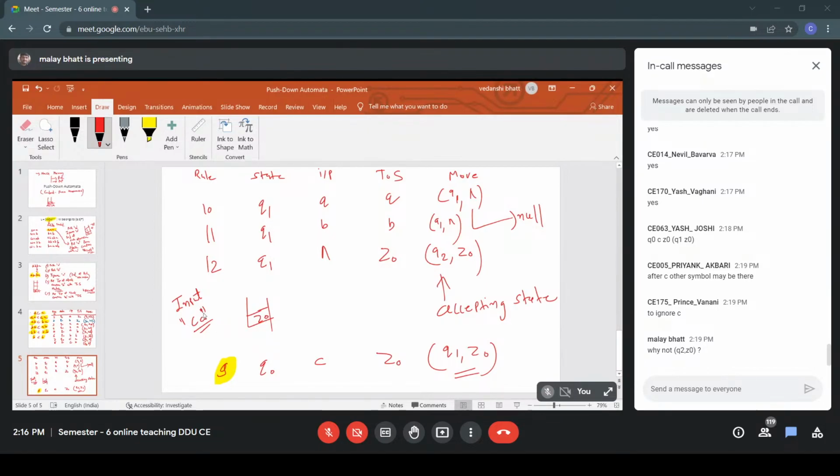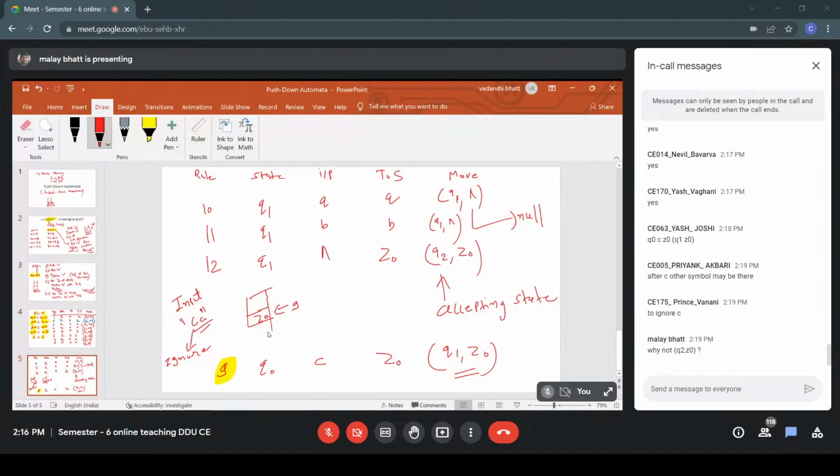Now, with CA, we ignore this C. As per rule number 9, we apply Q0 C Z0, which gives Q1 Z0. So now our state is the Q1 state.